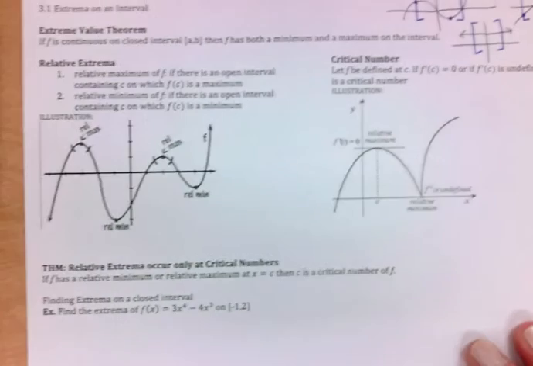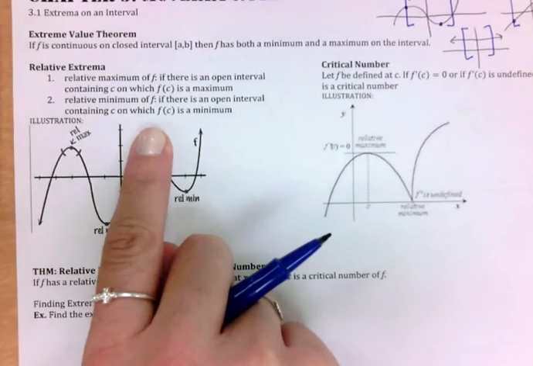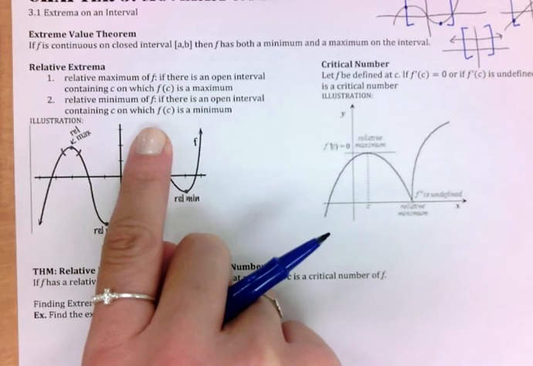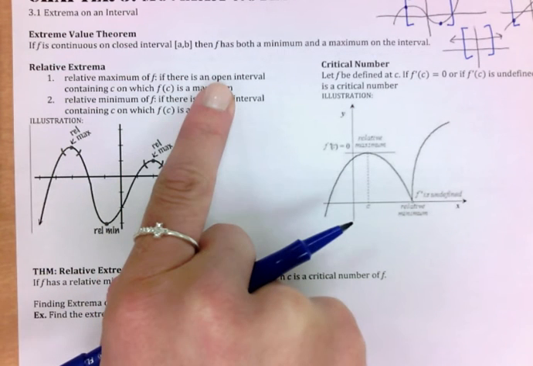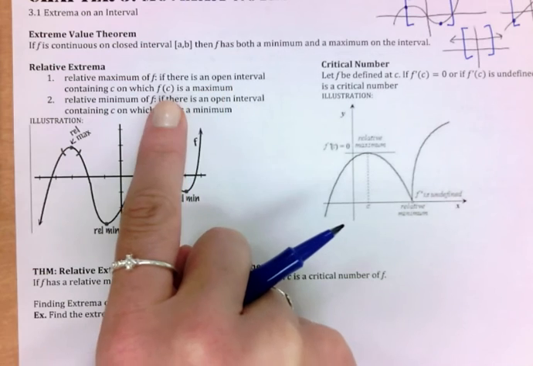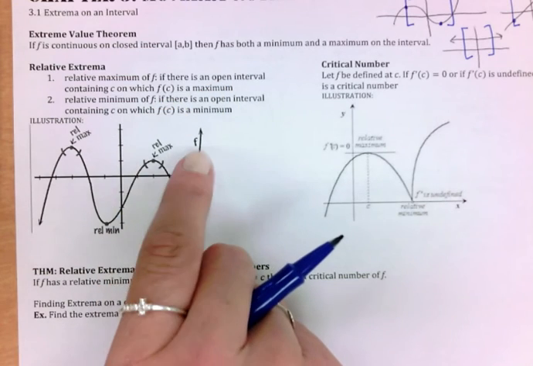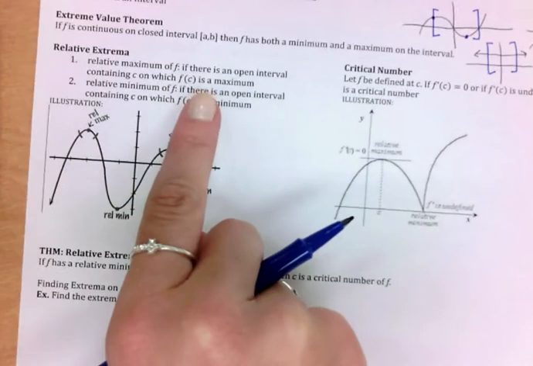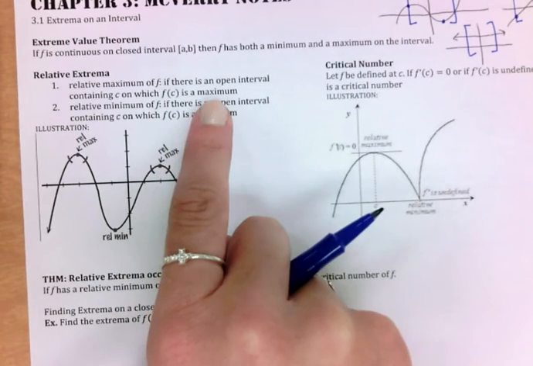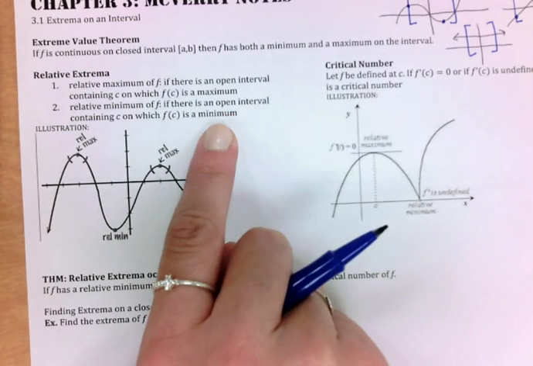Next one is about relative extrema. So relative extrema are looking at an open interval, okay, and seeing, as it is illustrated here, that in that open interval you have a maximum, or in that open interval you have a minimum.